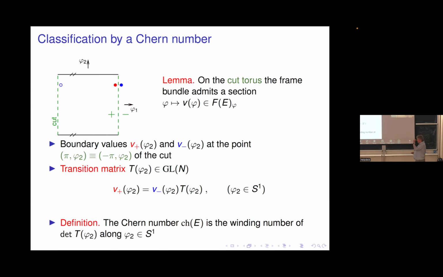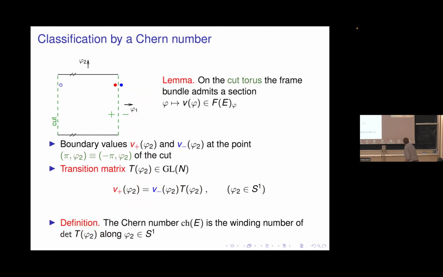You see, if the original bundle were trivial, then you could arrange the frames on both sides of the cut to be identical. But then T would be 1, the determinant of T would be 1, and its winding number would be 0.